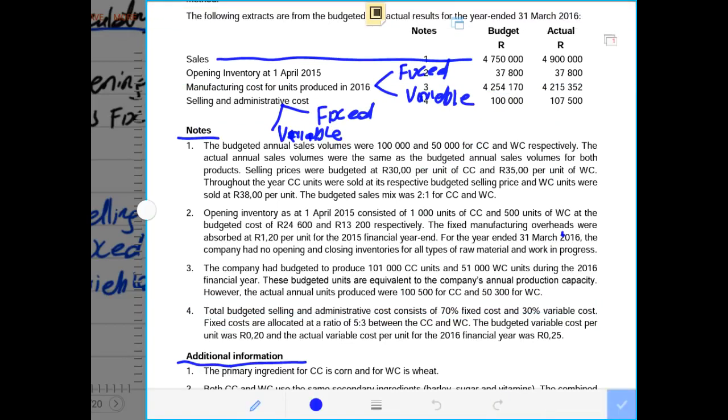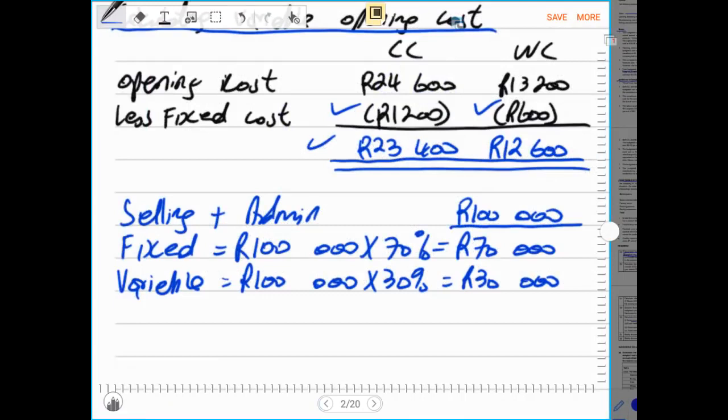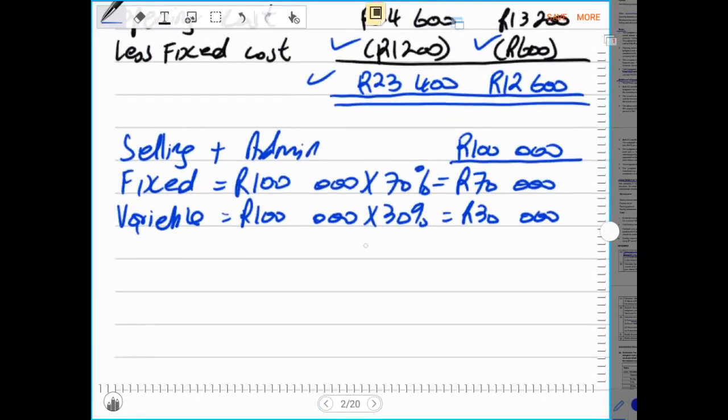Then after, it says fixed costs are allocated in the ratio of 5:3 between product CC and product WC. So now that means the fixed part of the selling and distribution goes to product CC and product WC.